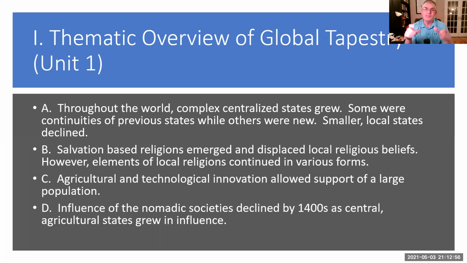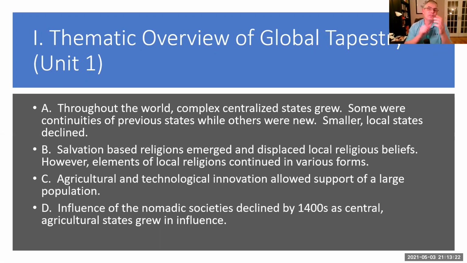So you have some states that are building off of prior states. So for example, the Byzantine Empire is really just an outgrowth of the ancient Roman Empire. The Song dynasty is built off of the previous Tang dynasty. So you have some that are just continuities. Others were just completely brand new states. And usually these new states are coming out of trade.